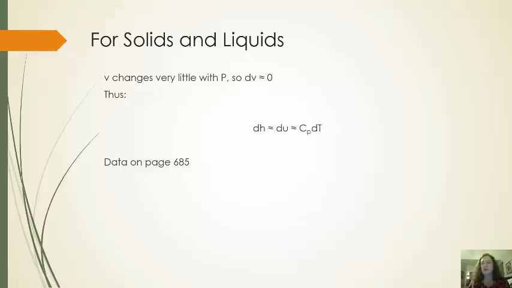And so if I'm holding pressure constant, it turns out that dH and dU are almost exactly the same. So I can just use Cp dT for both delta H and delta U for solids and liquids. Now the data for C sub P for solids and liquids will be found on page 685. In this textbook, they are a function of temperature.